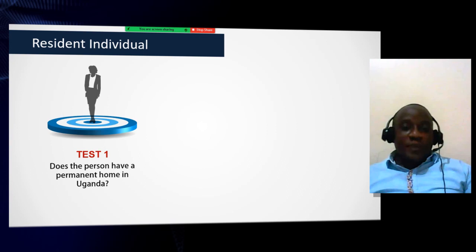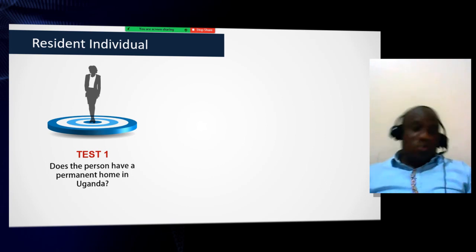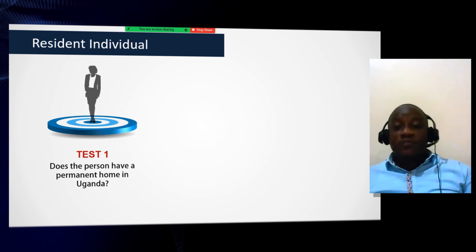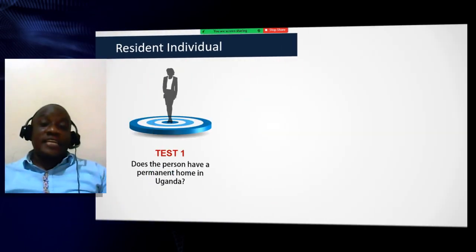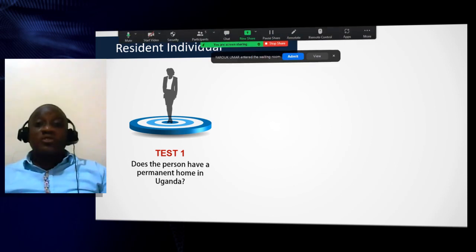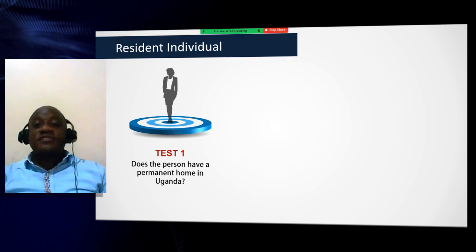A permanent home may refer to a condominium, an apartment, or a rental. When you look at the decided cases put forward to solve issues of a resident individual, the cases include people residing in a cave, because we know there are certain tribes that reside in caves.